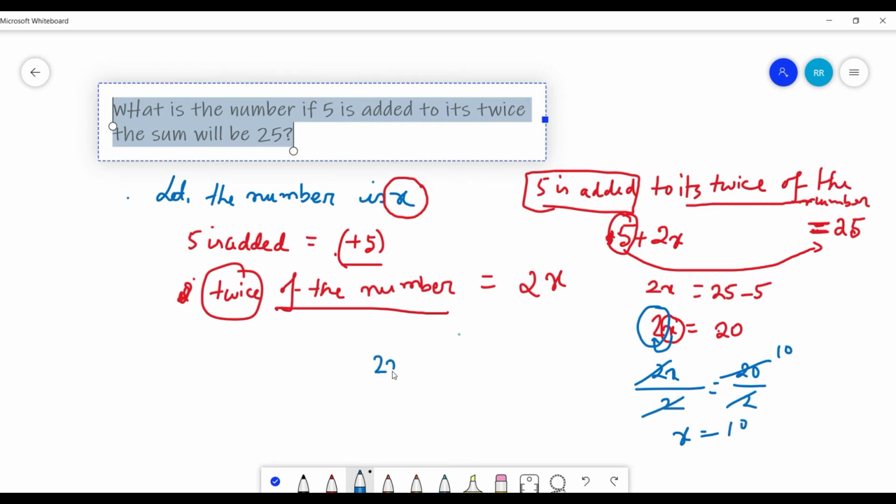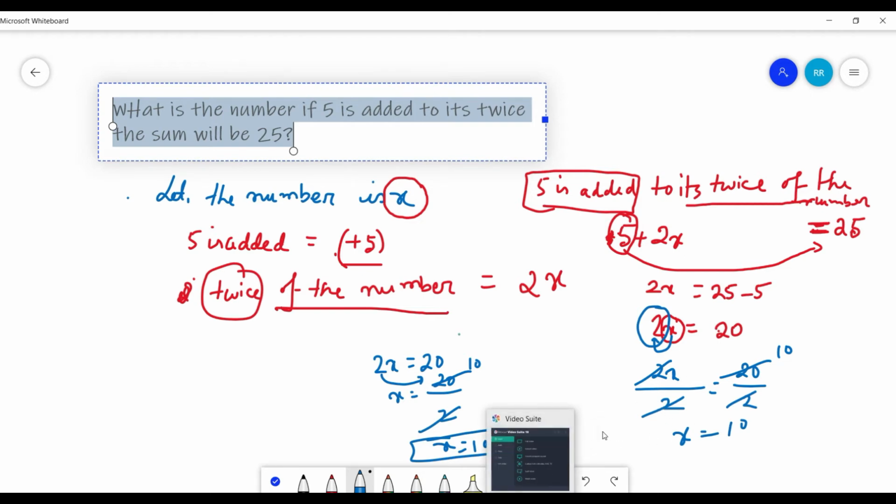If someone wants to write it like this, x equal to 20 by 2, this one is also correct, because you have to just put them in the lower part or in the denominator position. So the same result you will find. So the unknown number is 10.